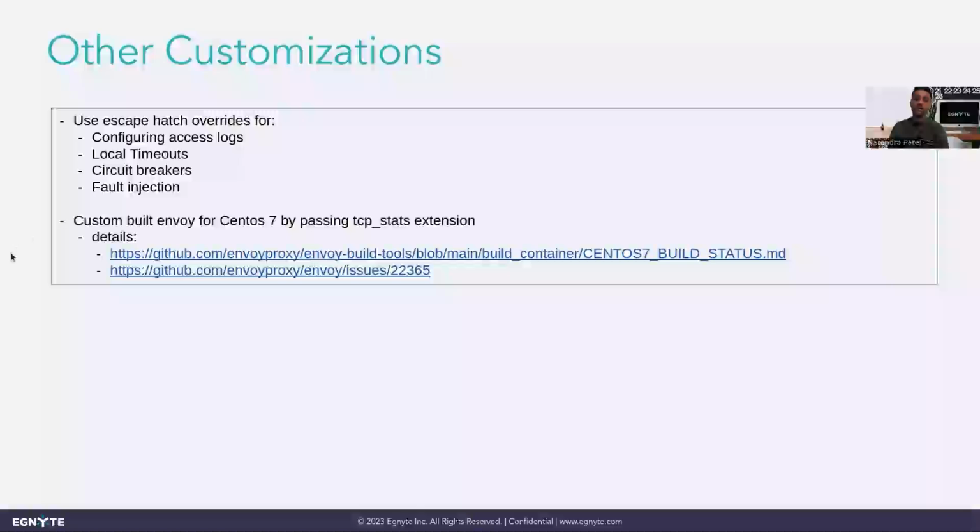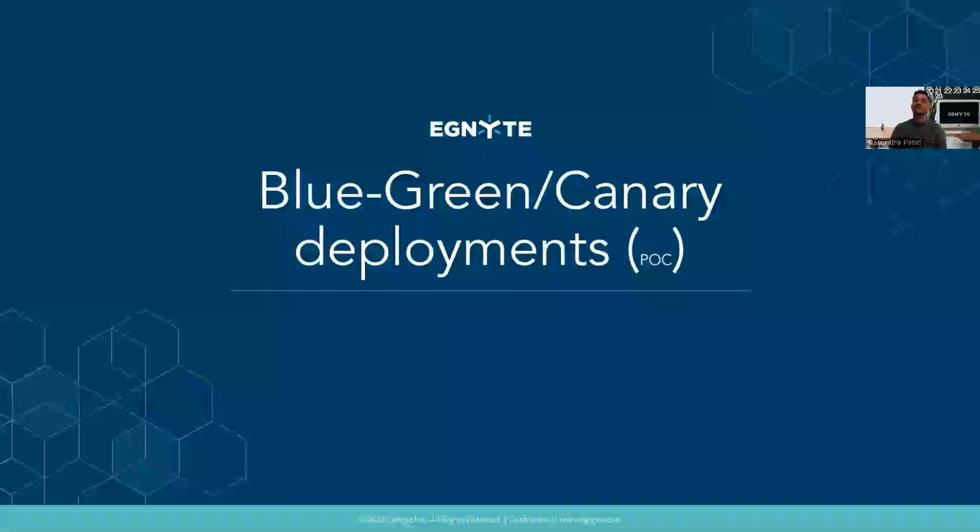So with help from the Envoy community and these useful links, we bypassed the TCP stats extension that was dependent on those outdated glibc versions and built our own custom binary for Envoy, similar to the custom binary that we have for Consul, to meet our use cases. So that was about the customizations that we had to do for our service mesh requirements.